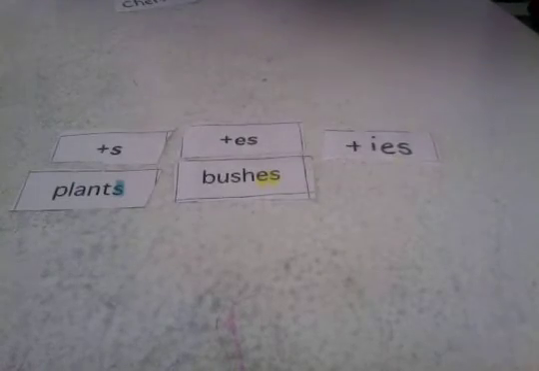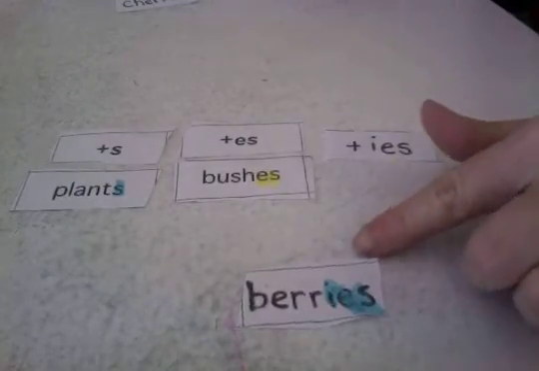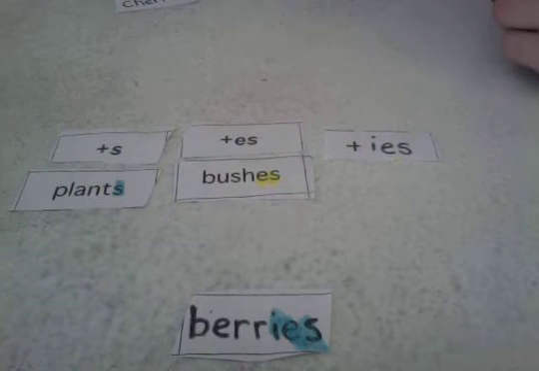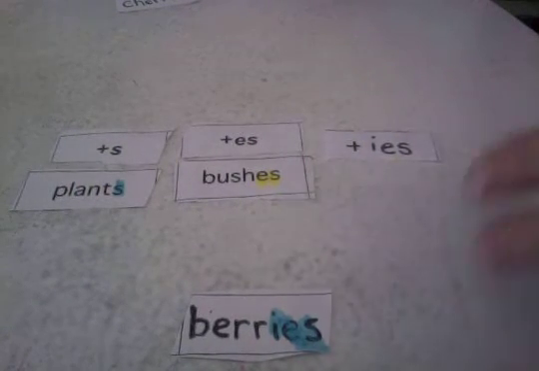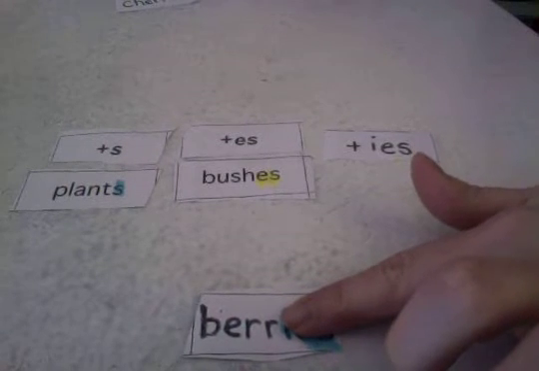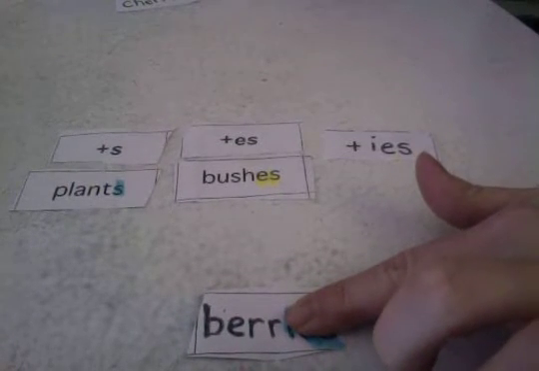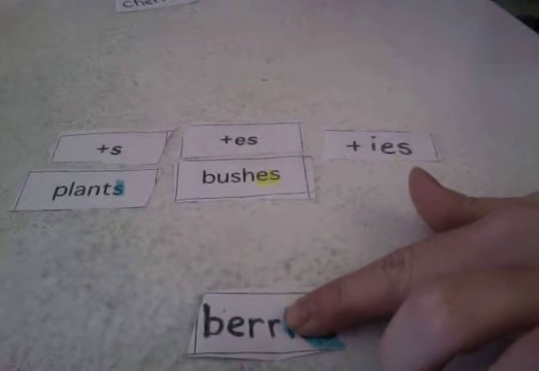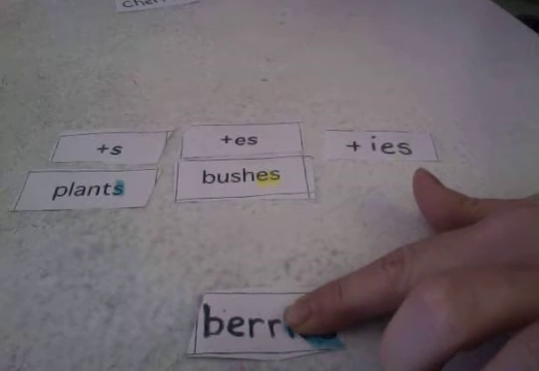Let's take a look at this word. This is the word berries. I love berries in the summertime. But that's more than one. That's the plural version. If I take this off, I'm really talking about a berry. A berry is a fruit. That's one. So to make it plural, berry is spelled B-E-R-R-Y.